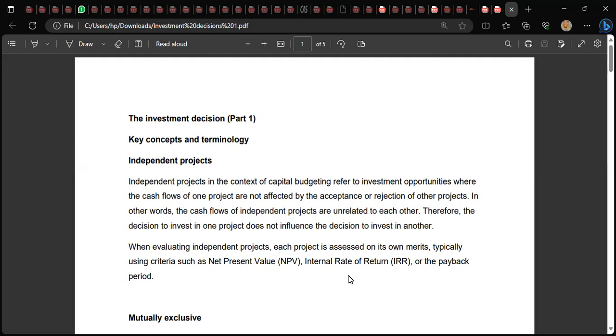But at the end of the day, after you've collected the finances from the so-called funders, which we dealt with in the previous session, and you've looked at the cost of the different financing options available in the market, you must then use that finance for the investment decision.